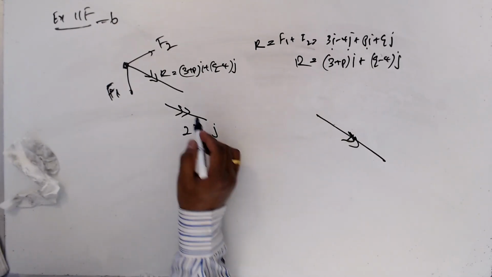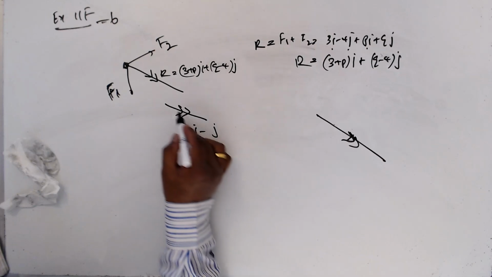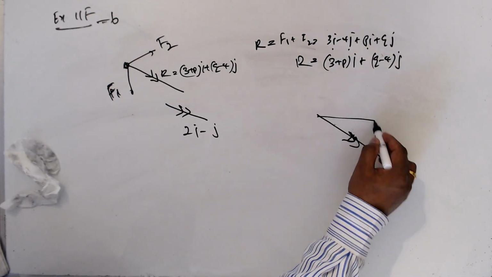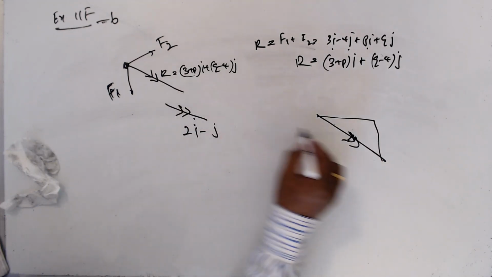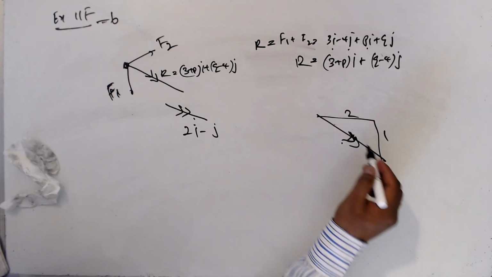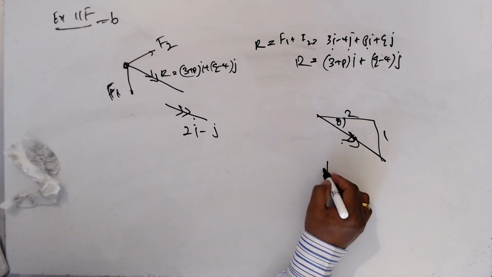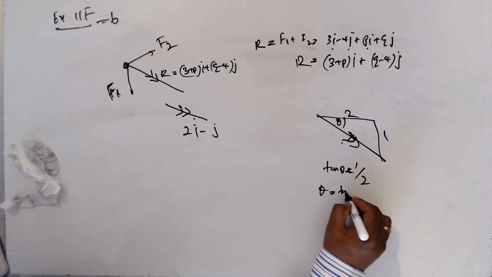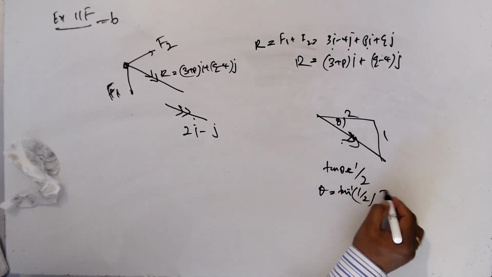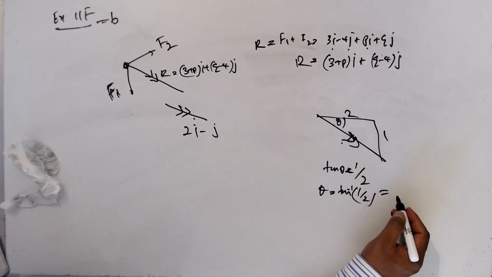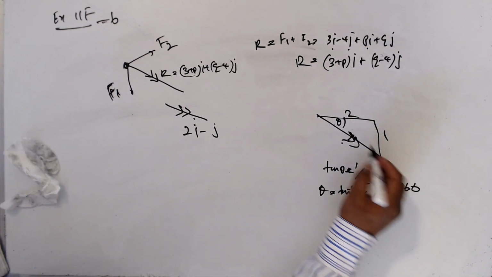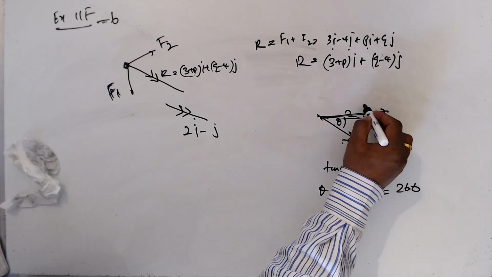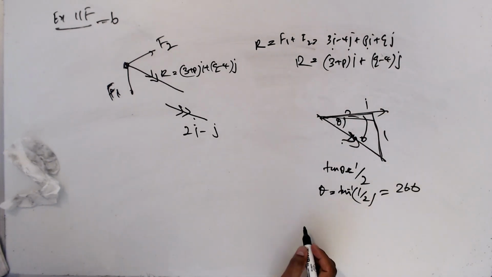So what is the direction of this one? This is the direction of R, because R is parallel to this one. So with 2 and 1, if this is theta, tan theta equals 1 over 2. Theta equals tan inverse of half, that is 26.6 degrees from the i axis or x axis.